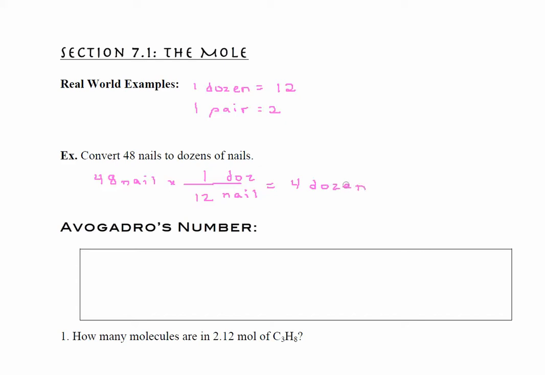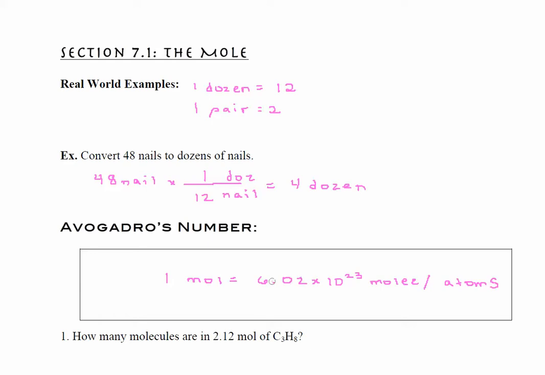Now, let's actually talk about the mole. Avogadro came up with this number, and he said, all right, if I say I have 1 mole, what that means is I have 6.02 times 10 to the 23rd either molecules, or if you just have a single atom, atoms, if you have an element.